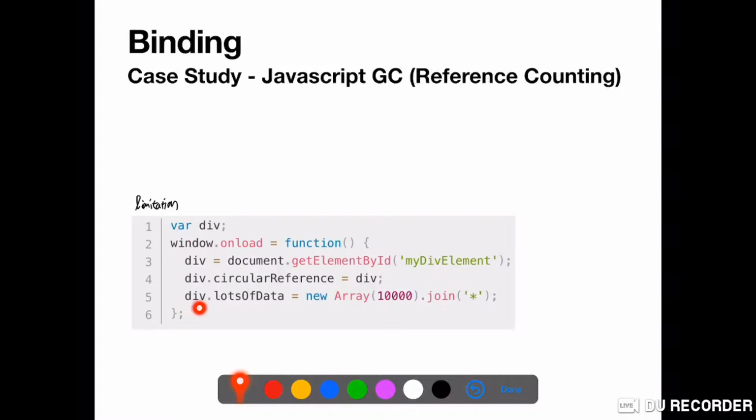So if this div has lots of data, it will always sit in the memory. That's the problem with reference counting.